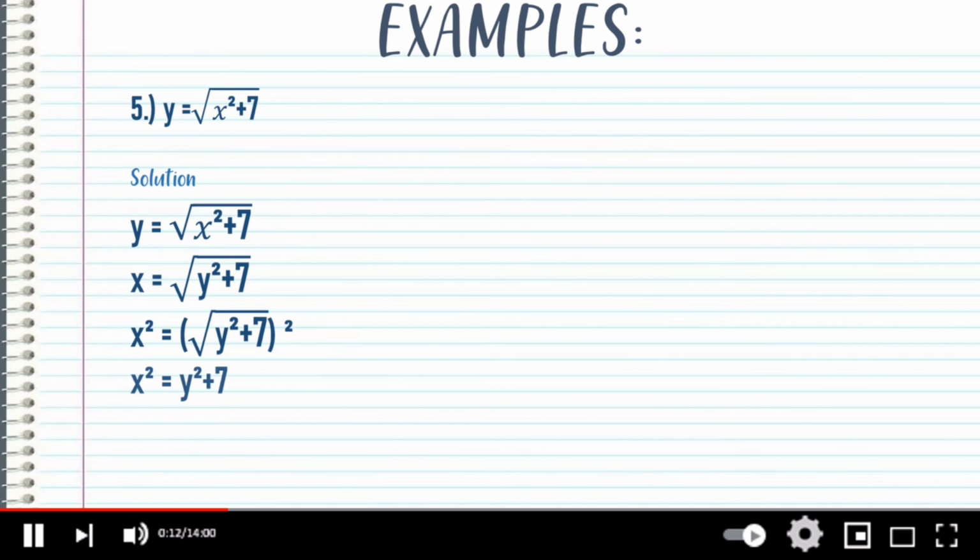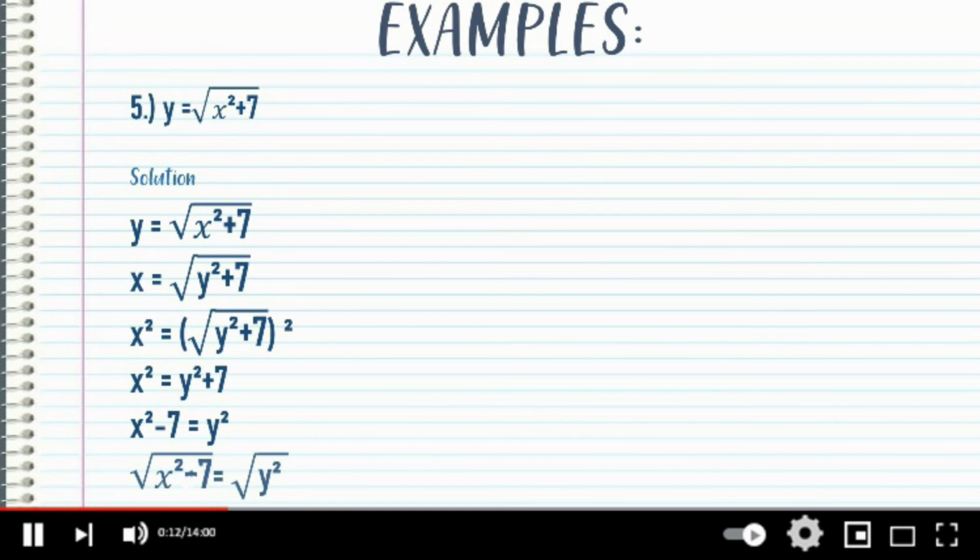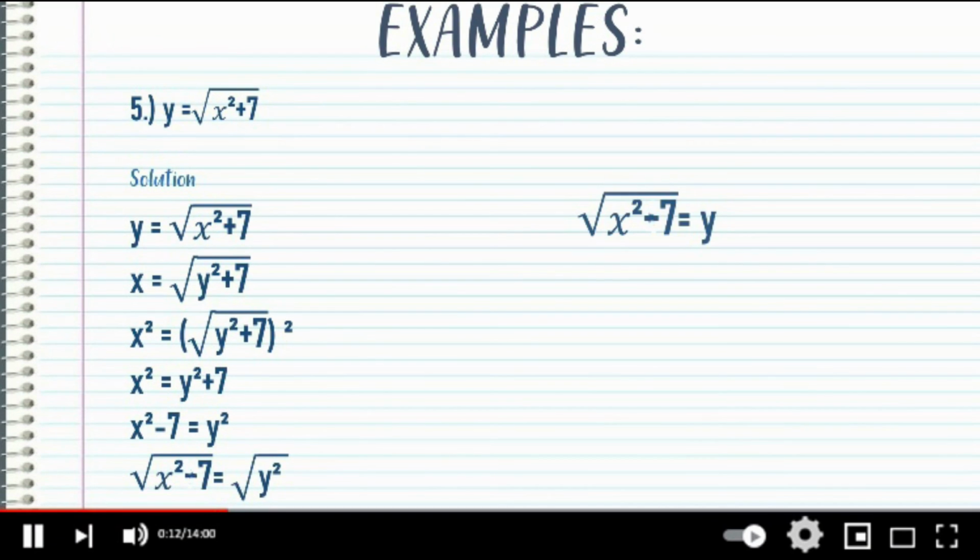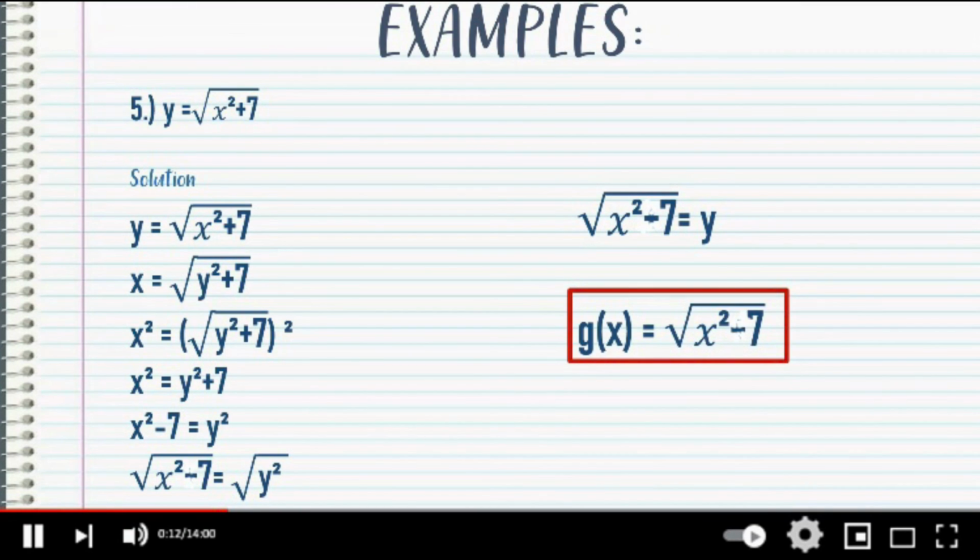We will be transferring 7 to the other side, so it will become x² - 7 = y². Now let's eliminate the square of y by adding a square root to both sides. By then, it will become √(x² - 7) = y. And lastly, denote the inverse as g(x). So the answer is g(x) = √(x² - 7).